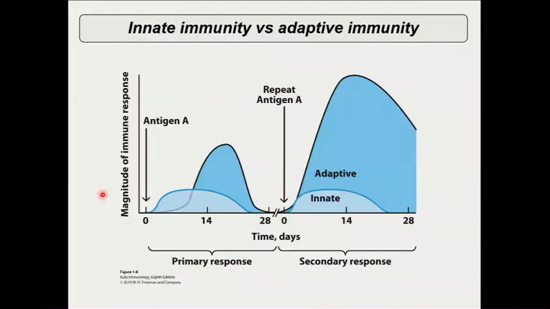And this, in a nutshell, is why we use vaccines. So we give people the first exposure without the risk, or largely without the risk. And then, if they later meet the real pathogen in the field, they're prepared, and they make this much higher response. So this is the basis for the concept of vaccination.